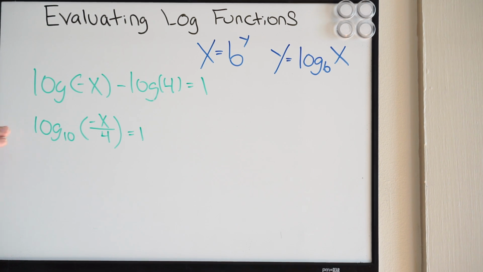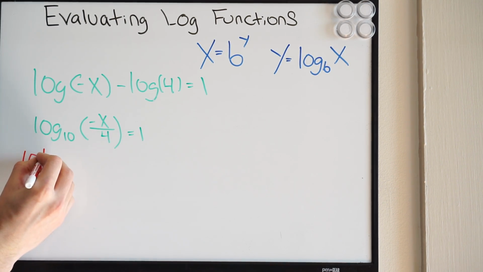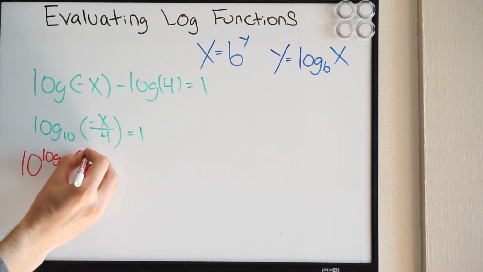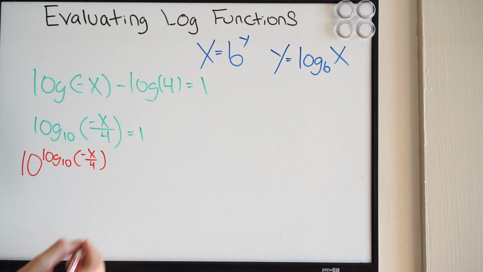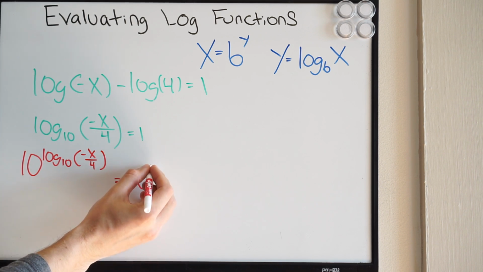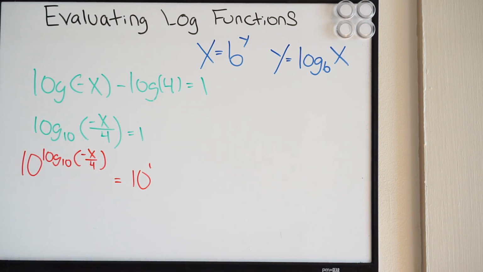If I take this whole thing right here and put it as an exponent of base 10, so 10 raised to log base 10 of negative x over 4, what I do to one side I also have to do to the other side, so this will be 10 to the first power.